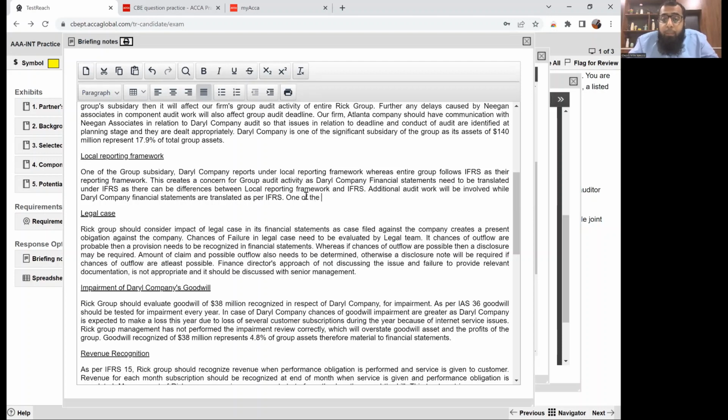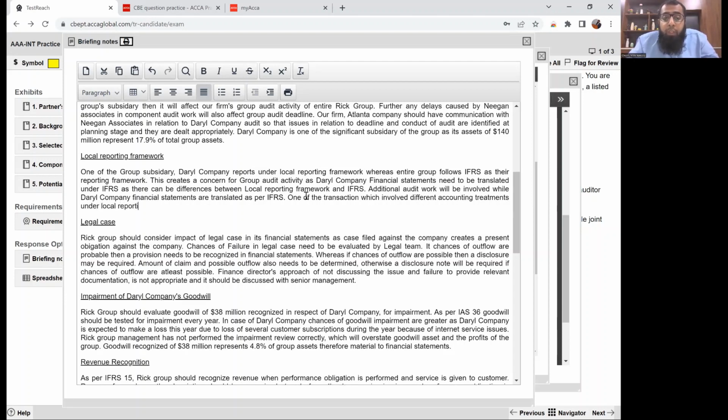One of the transactions which involved different accounting treatments under the local reporting framework and IFRS is the transaction with the group CEO referred to in Negan Associates' audit strategy.